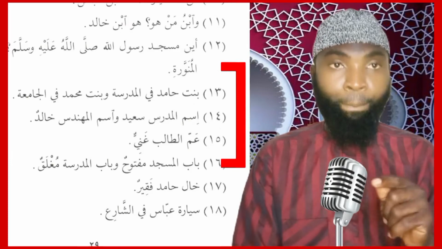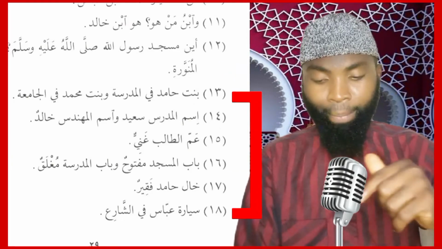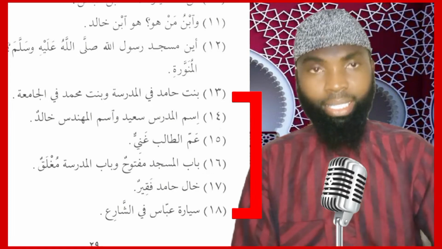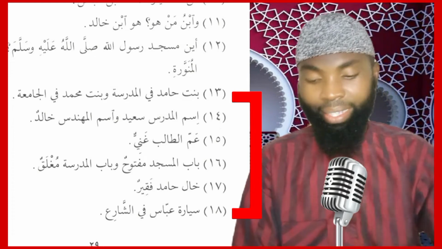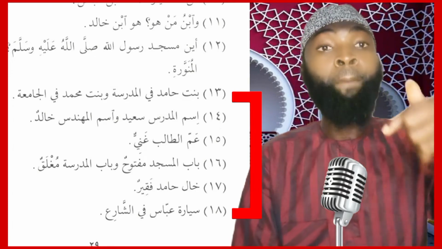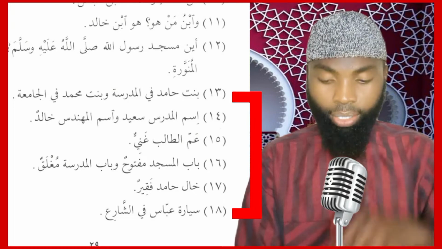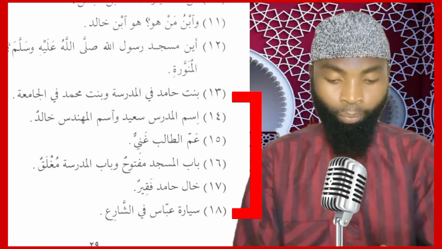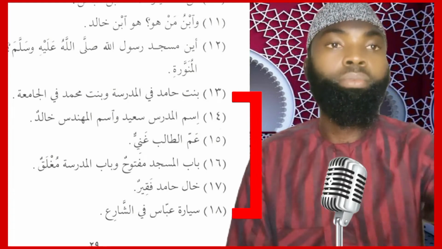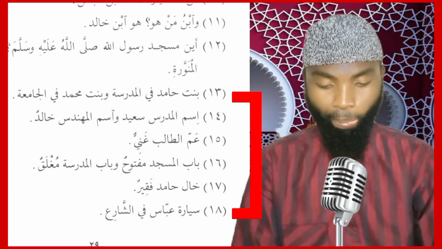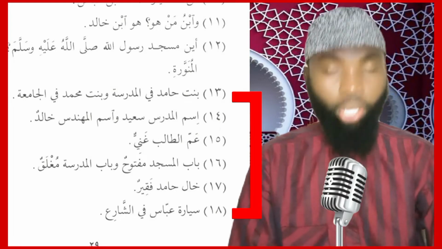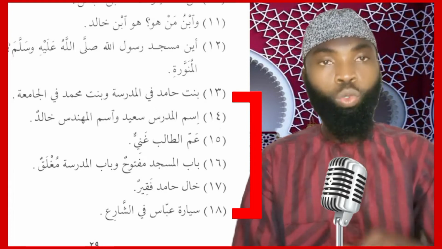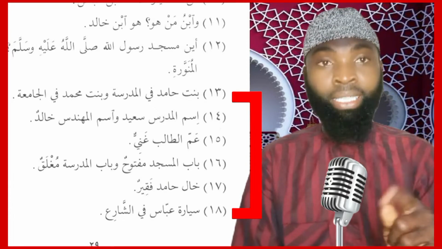Number 13, we have Bintu Hamidin fil Madrasati. Hamid's daughter is in the school. Wa Bintu Muhammadin fil Jami'ati. And Muhammad's daughter is in the university. Number 14, we have Ismul Mudarrisi Sa'idun. The teacher's name is Sa'id.